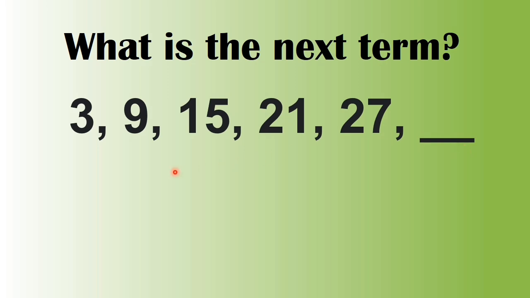So, pag nakuha na natin yung common difference, tulad ng example na to, ang common difference nila ay 6. So, ibig sabihin nun, ang pattern niya ay adding 6 in between the numbers. 3 plus 6, 9 plus 6, 15 plus 6, 21 plus 6, 27, and plus 6 is equal to 33.